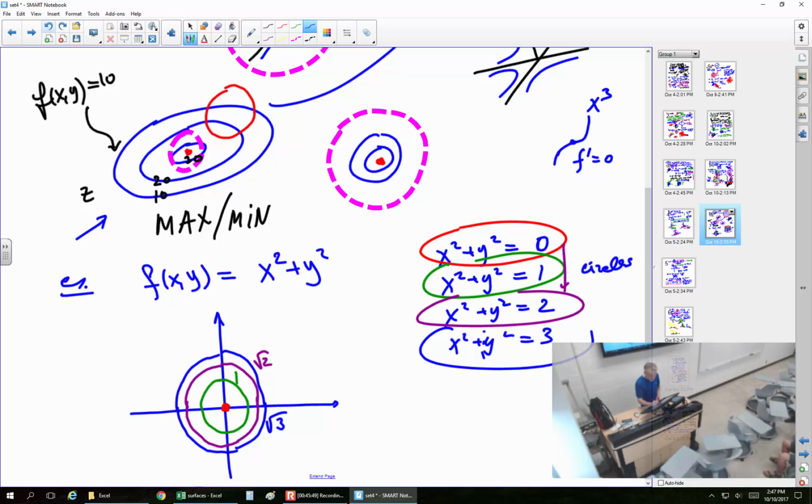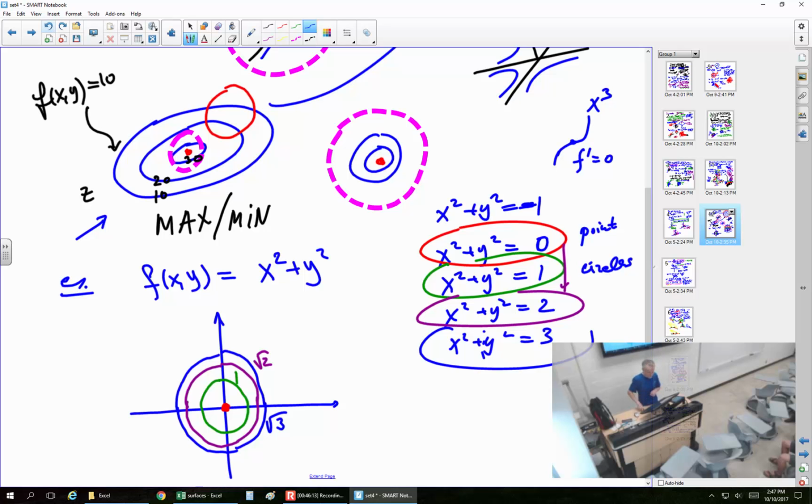Well, before we do that, what about negative numbers? Well, the circles turn into a point, and then what does the point turn into? I don't think we have negative numbers, right?